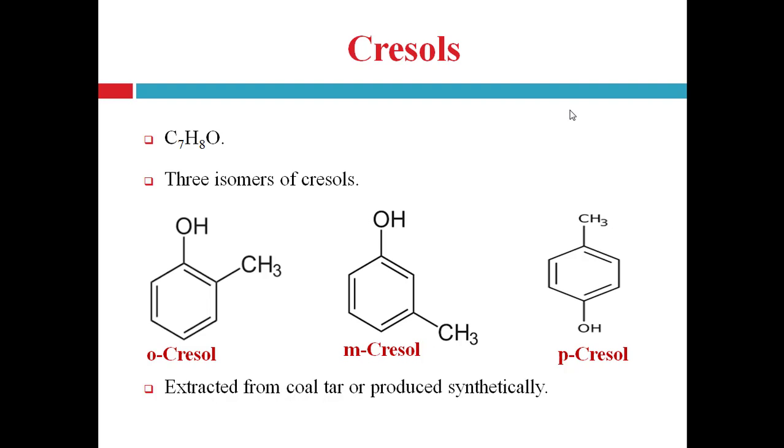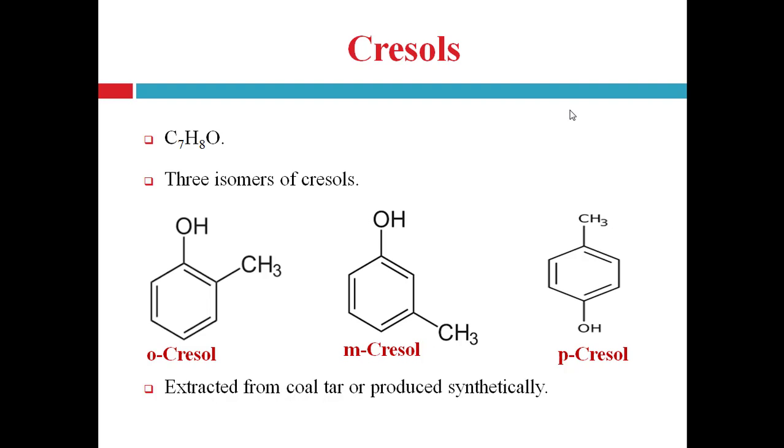Now orthocresol, in which both the hydroxyl group and the CH3 group, methyl group, are present at the 1, 2 or ortho position to each other, right? In metacresol, the hydroxyl group and methyl group are present at the 1, 3 position to each other.